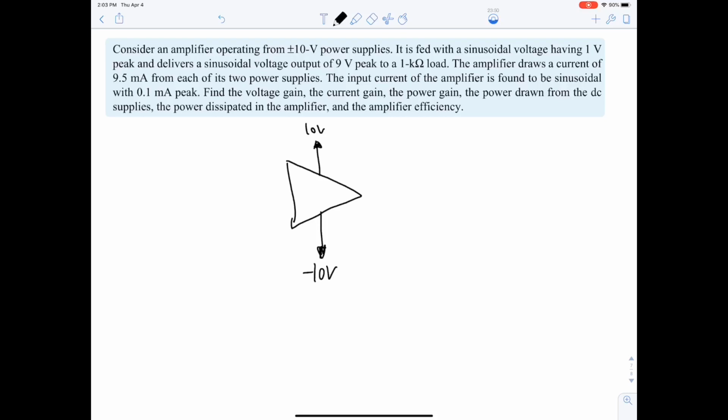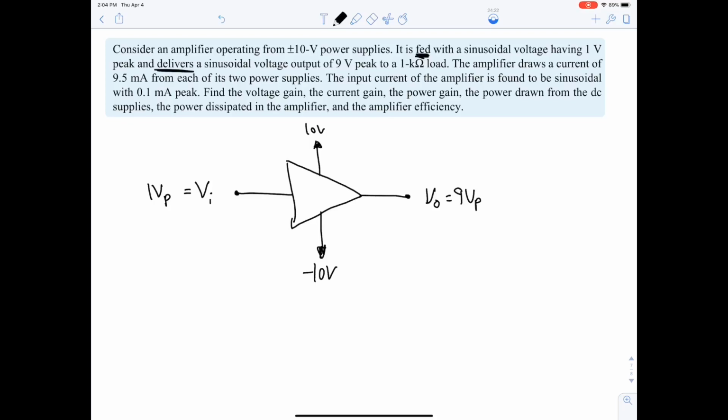Now it says it is fed with a sinusoidal voltage having 1-volt peak. Now 1-volt peak is the input voltage. How did I know this? Because it said fed. V input is 1-volt peak. Let's continue. And it delivers a sinusoidal output voltage of 9-volt peak. V output is equal to 9-volt peak.